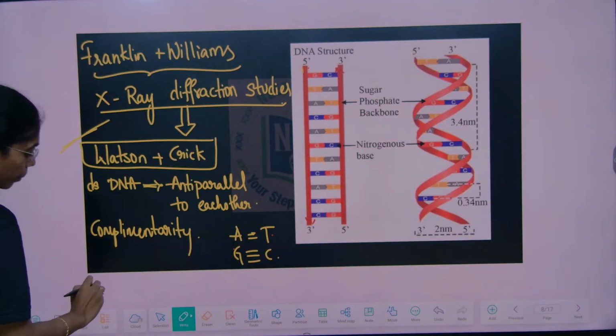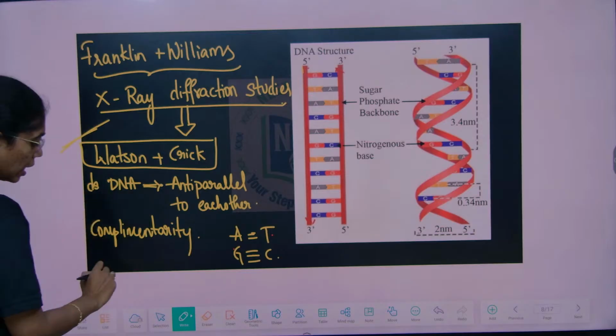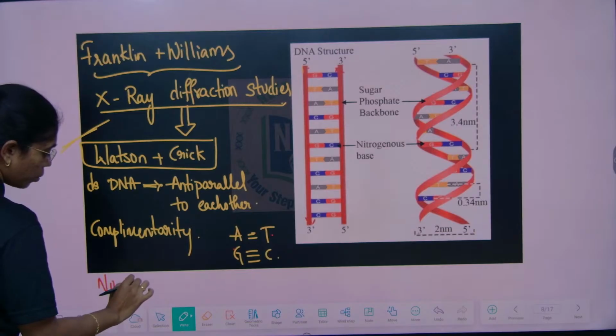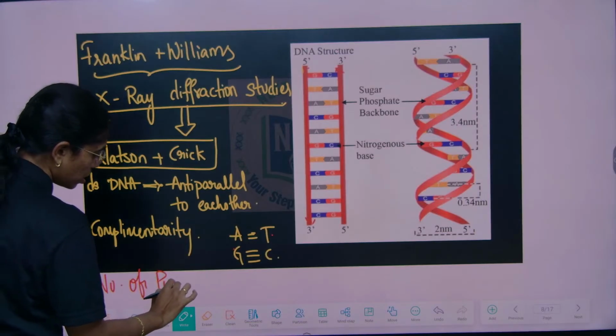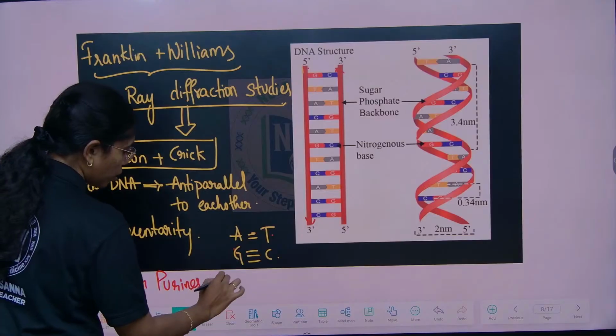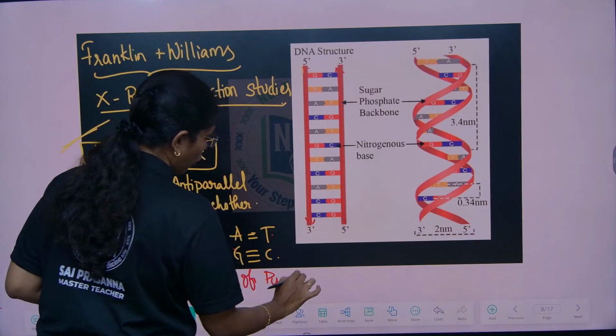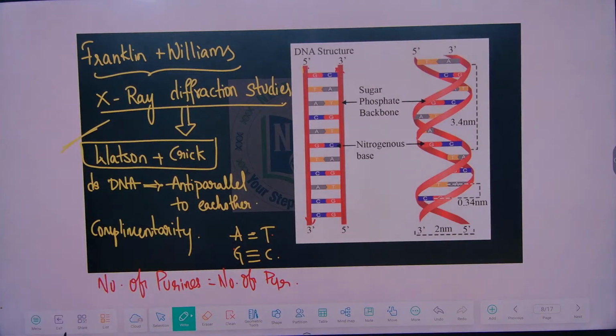Third, in any double helical DNA, the number of purines is equal to the number of pyrimidines.